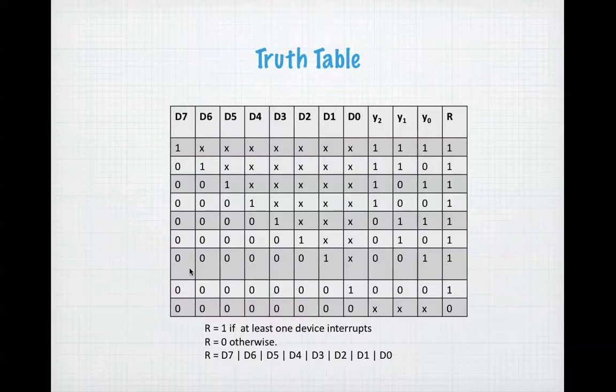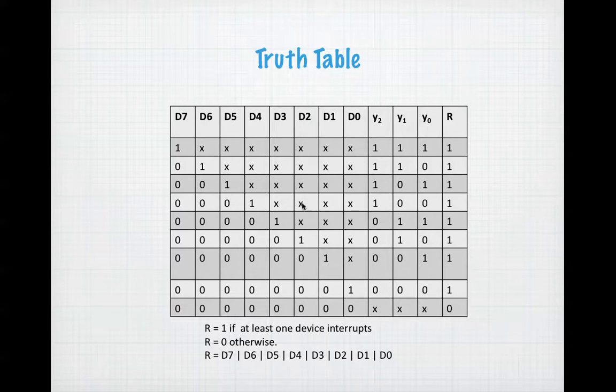Now, in this truth table, we describe how the requests that the 8 devices we saw in the earlier slide make, and how their various combinations, lead to the device ID representation for these different cases.